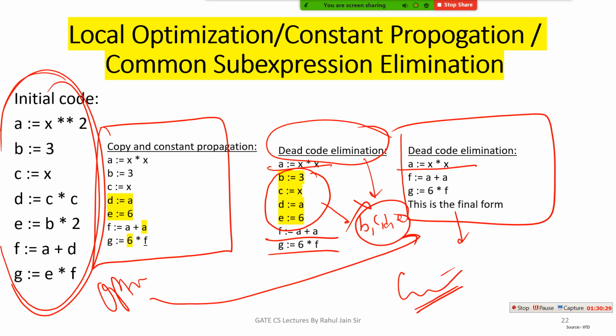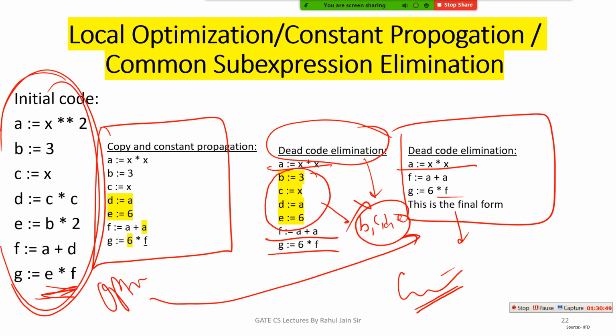Shivang is asking one question: Sir, can we not directly put b equals 3 in e equals e into f? No. Because if I replace it, I will not get the correct code after that. Why?